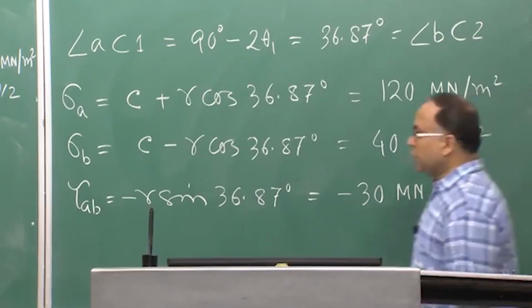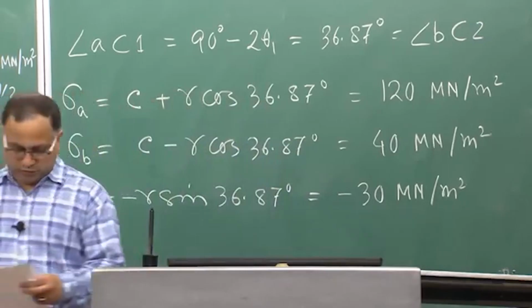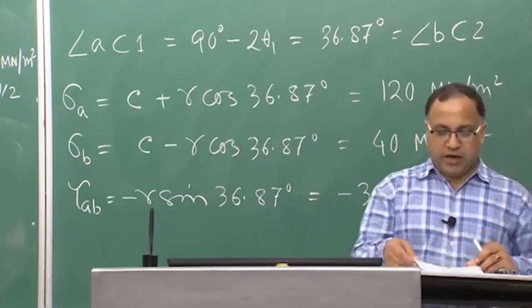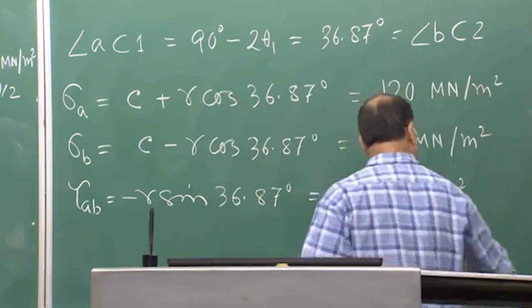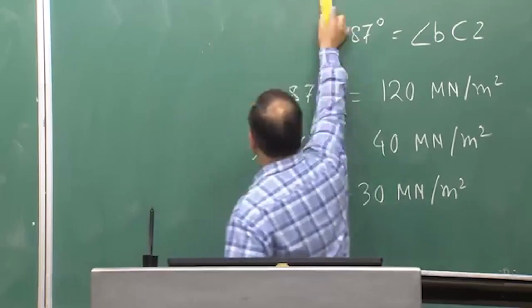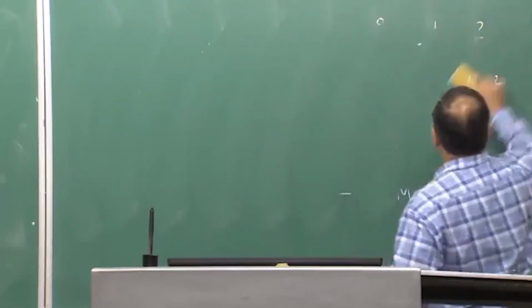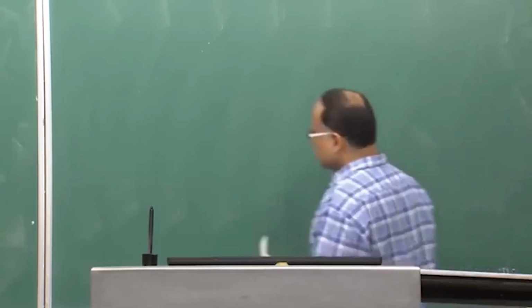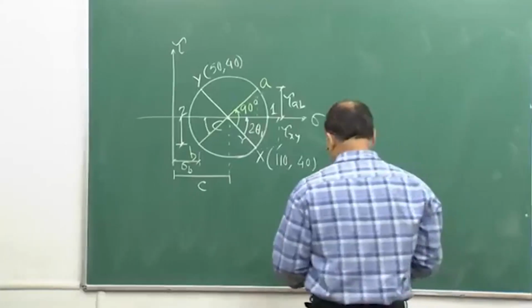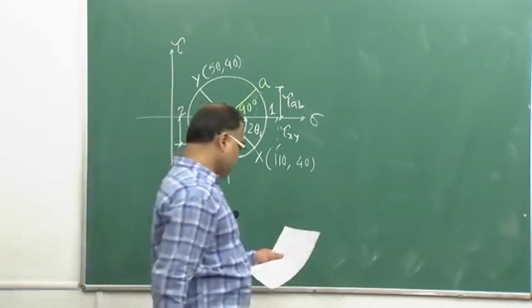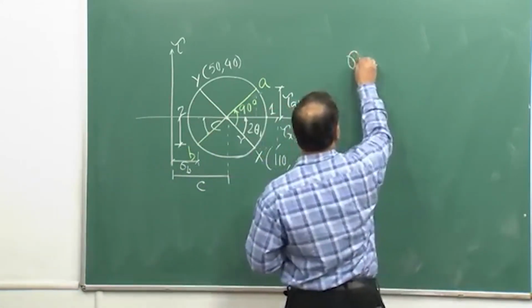Okay. Now, quickly we can say sigma 1, that is principal stress and principal stress axis, and maximum shear stress and maximum shear stress axis. So, these two things we are going to find out.